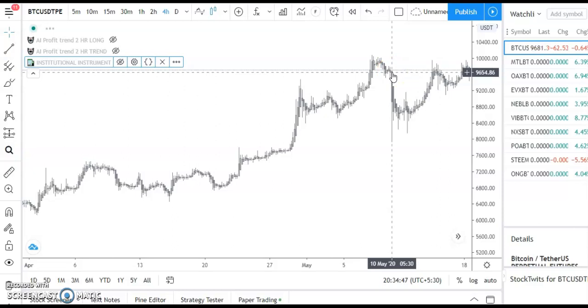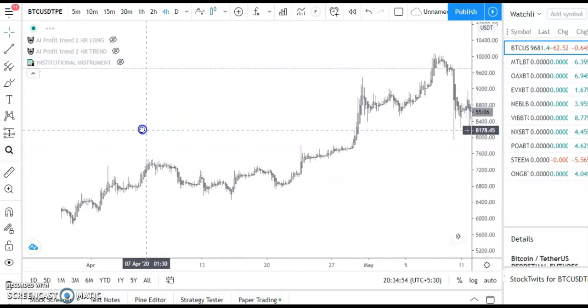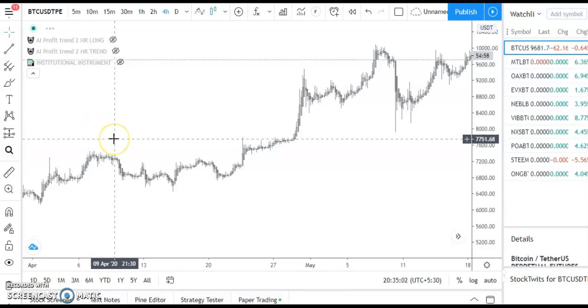We don't know where these big whales start buying. Whenever an institution or big whale buys, they always buy in bulk, and they buy at every dip. They'll start accumulating at every dip, and you will not notice how the price is going up, but in the long term they have some target, and they will make sure the price reaches that target.